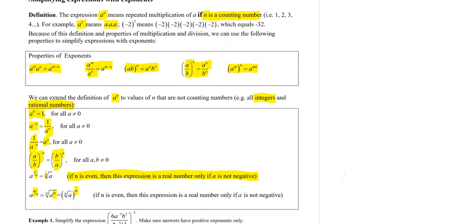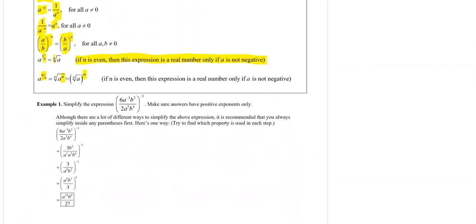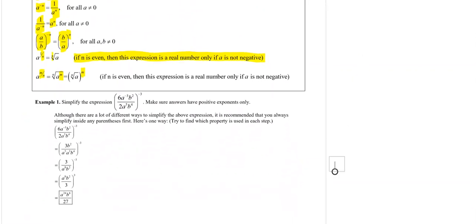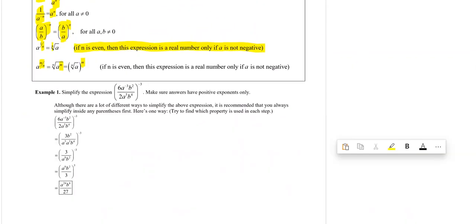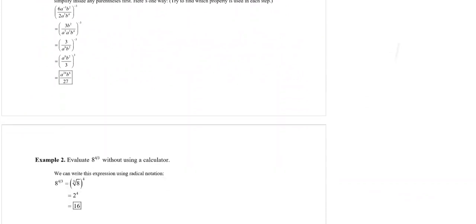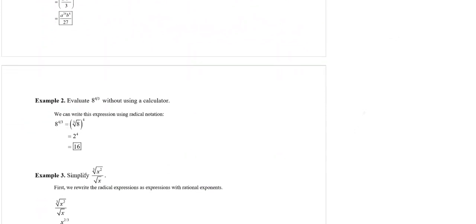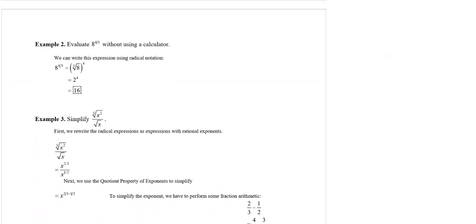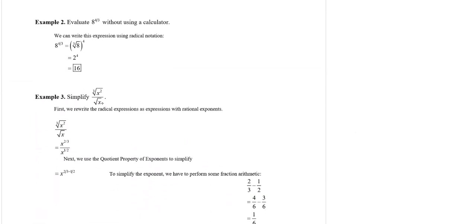So in this file, you are going to see a few examples that remind you how you can simplify expressions with exponents, and then also how to evaluate expressions with a rational exponent, and how to simplify expressions like this, where the cube root of x squared can be written as x to the 2/3, and the square root of x can be written as x to the 1/2.